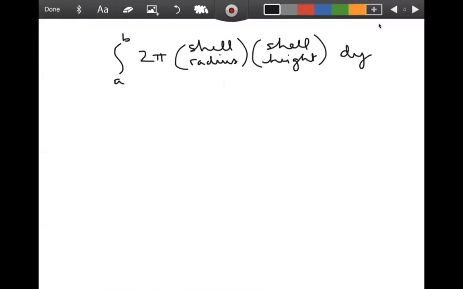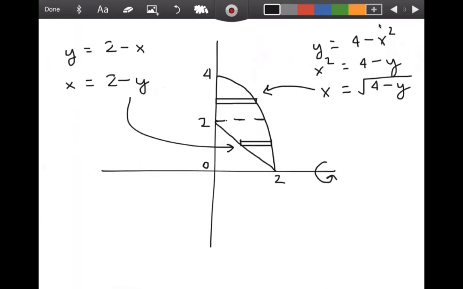Okay, so first, the lower part of the region. That's going to go from 0 to 2. Okay. The radius of the shell is just going to be y. And then the height of the shell, which is this distance here, that's going to be the right curve minus the left curve. Okay.